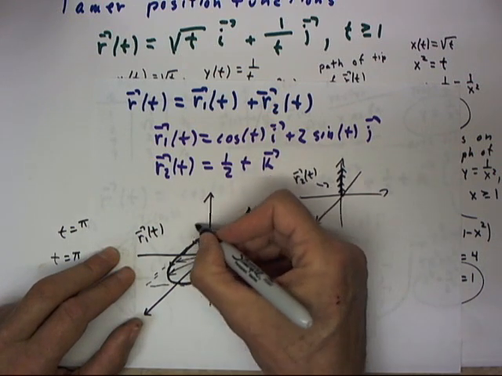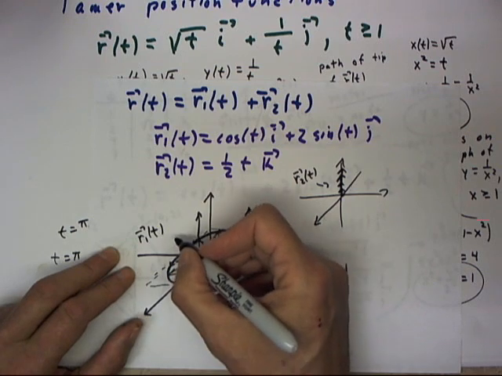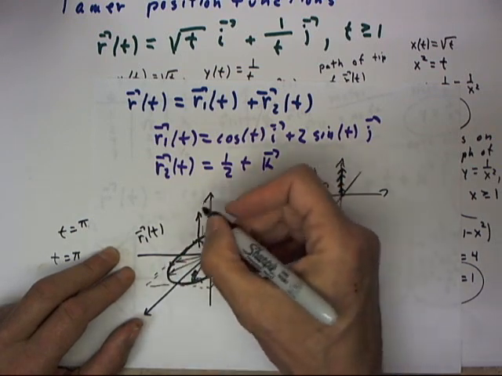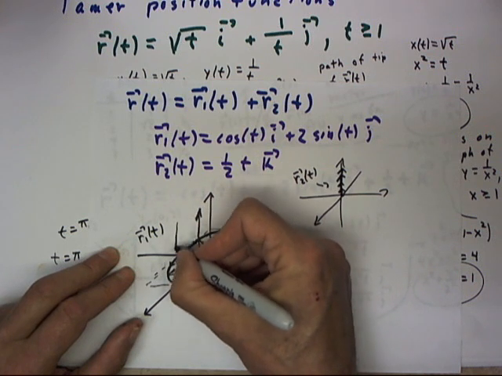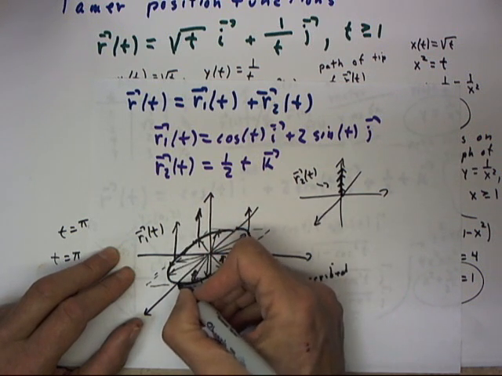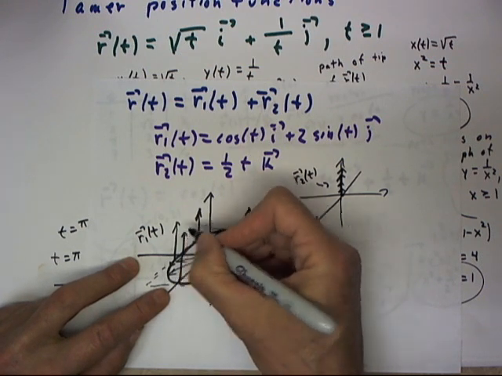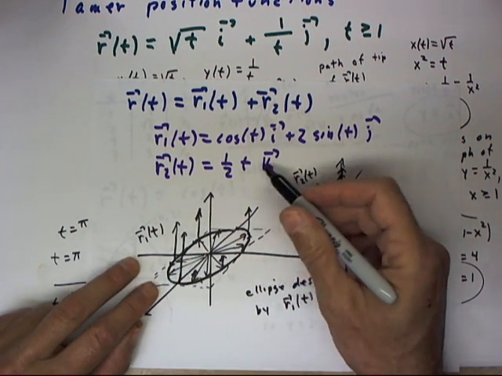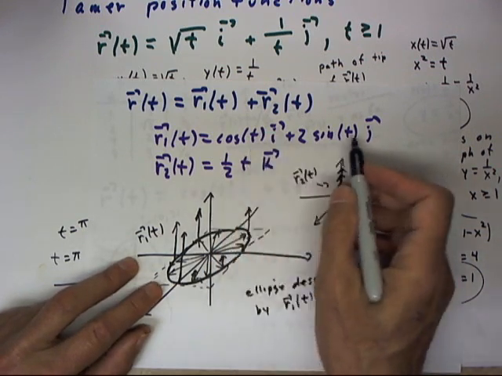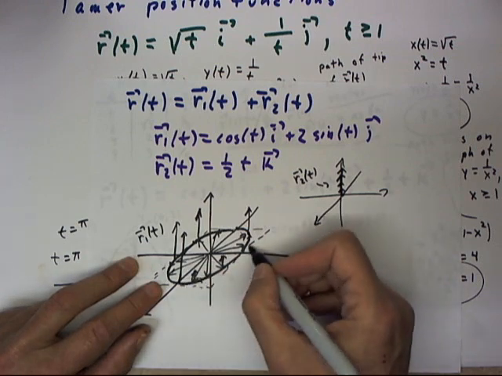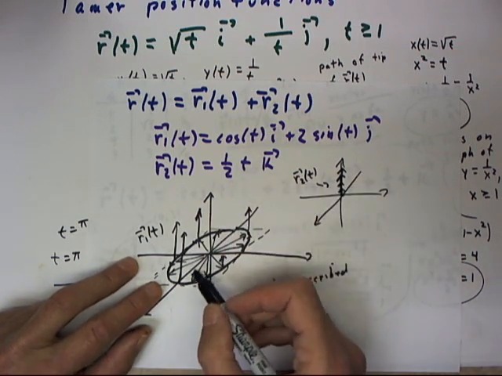And as our t values continue to increase and we move around the ellipse, we're going to add longer and longer vectors. By the time we get around to the positive x-axis, this vector will be pi units long, because to get around the ellipse, t has to change by 2 pi, which means that 1/2 t is going to change by pi.